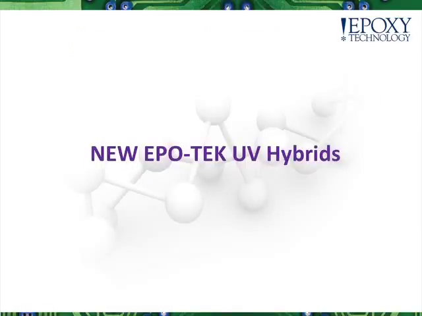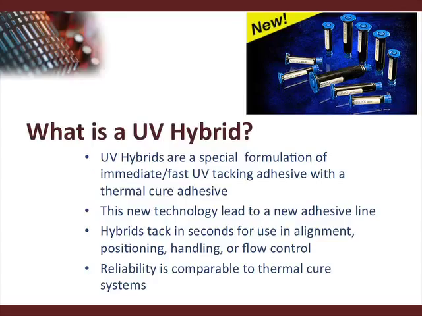So that concludes our UV section of the webinar. Now on to the brand new EPO-TEK UV hybrids. What is a UV hybrid? A UV hybrid is a UV tacking thermal post-cure required adhesive. This is a brand new technology that allows for tacking, alignment, position, or even flow control to occur in seconds of UV illumination.